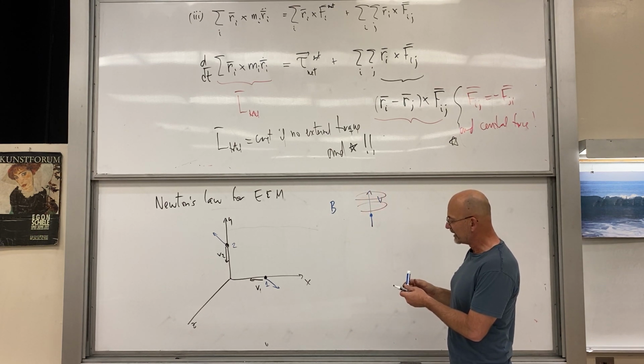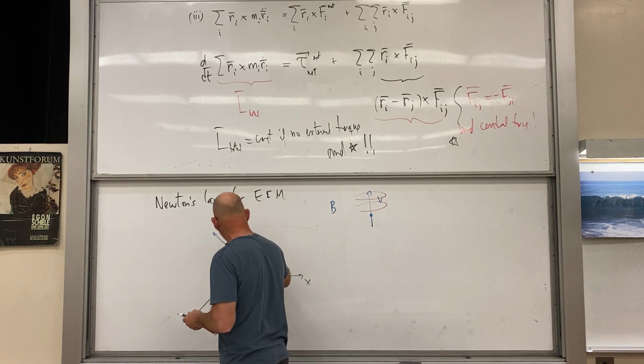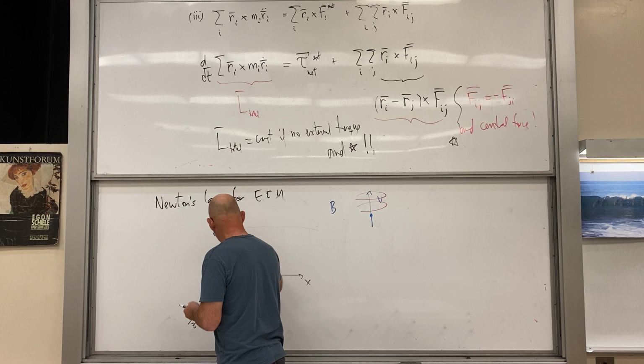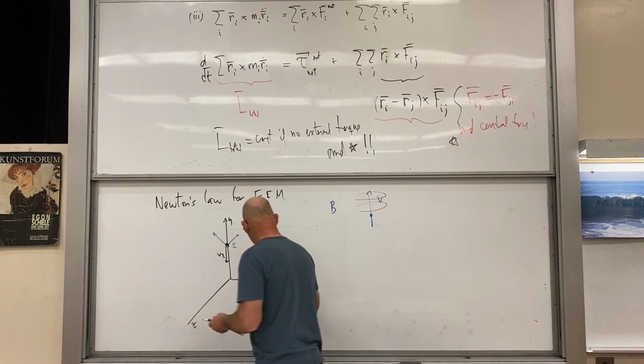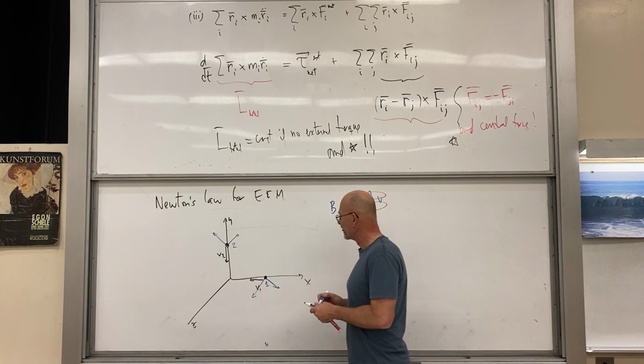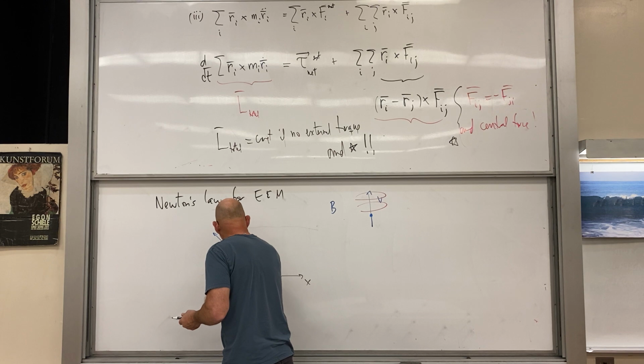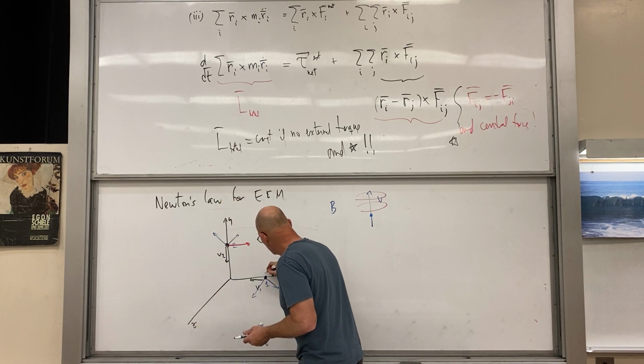If you do that for these, then this particle coming towards here is going to give you one into the board, and this one coming down here is going to give you out of the board, and the magnetic force on this particle will be in this direction.